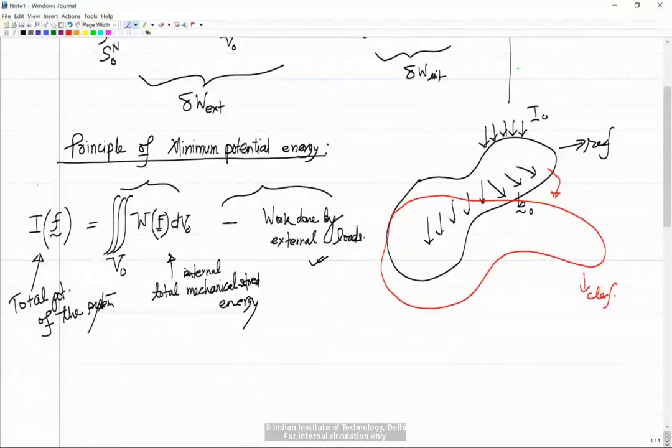T naught and B naught can change during the deformation process. So how do we write down the expression of work done? To know the expression of work done, we have to know the path followed by each point in the body. Which path did the point follow?